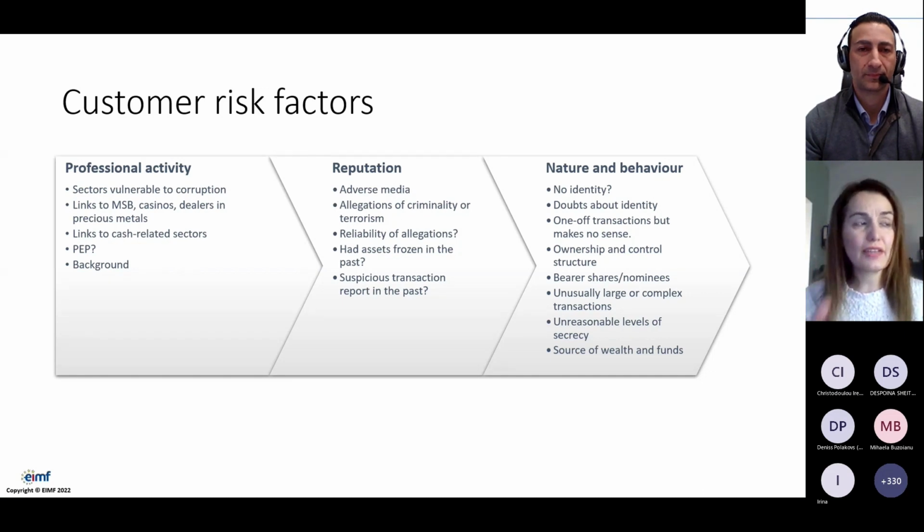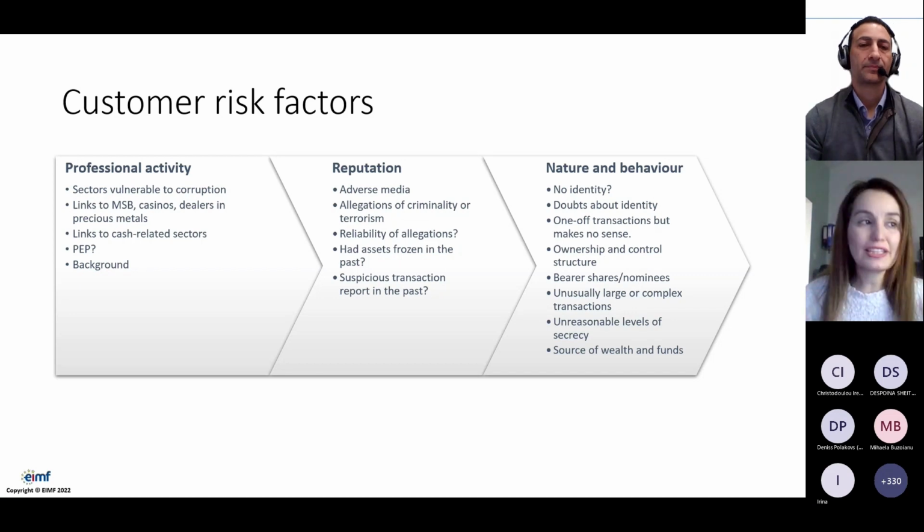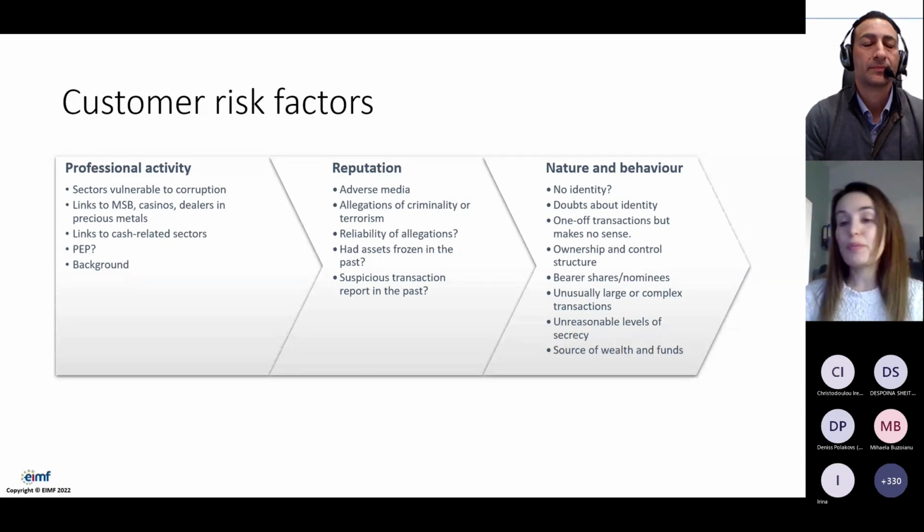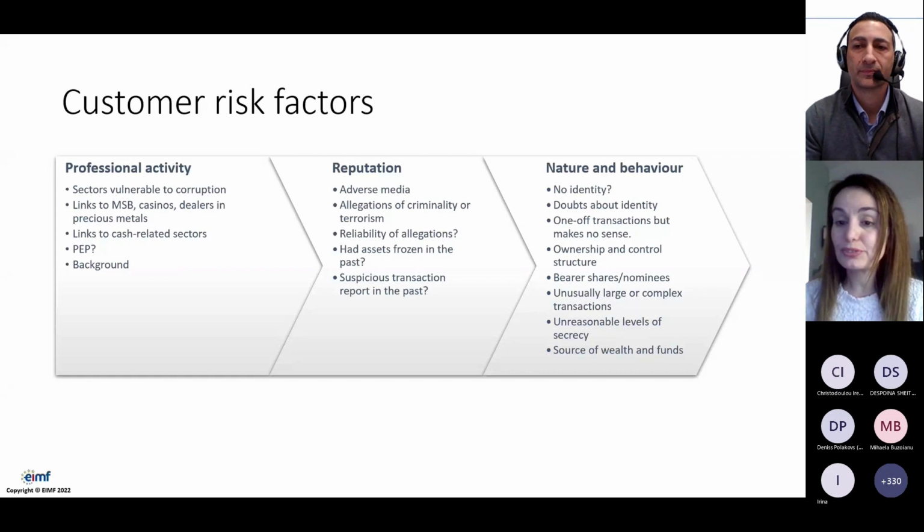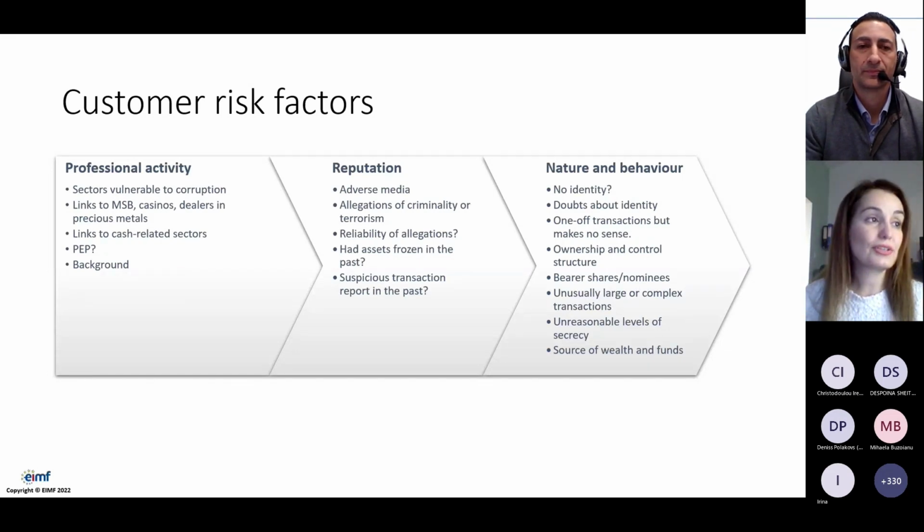Another important factor is the ownership and control structure. In the case of companies, who is the ultimate beneficial owner? We will see about that later. Bearer shares and nominee agreements, again, another tool which is very attractive to criminals. Large or complex transactions also allow criminals, with one transaction, to launder a large amount of money.